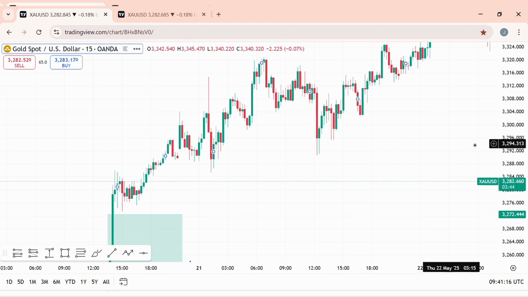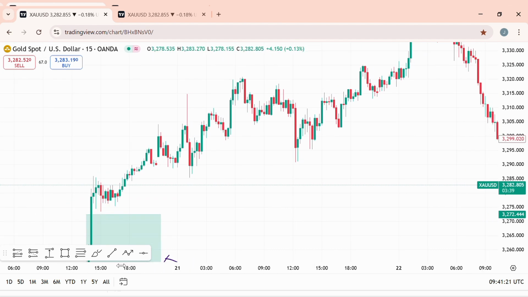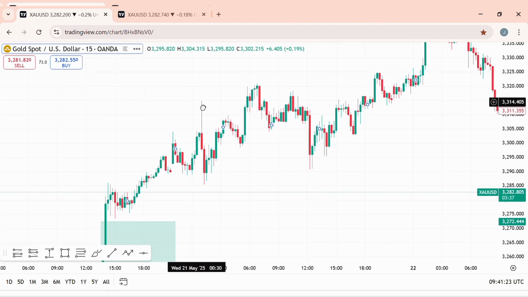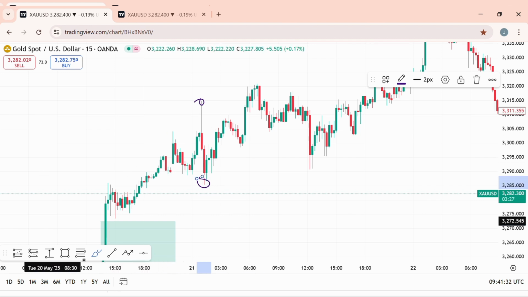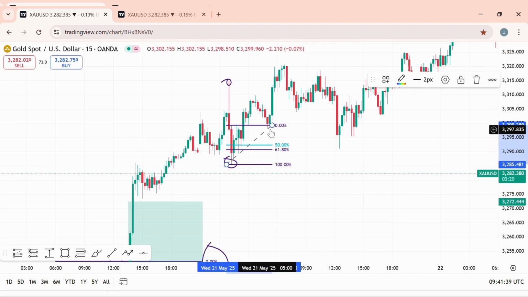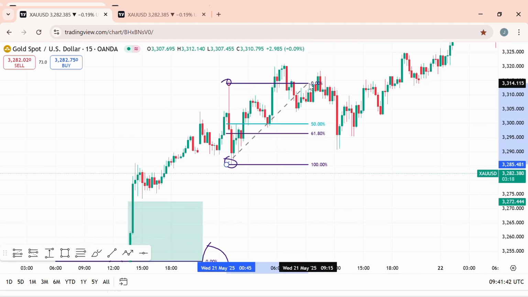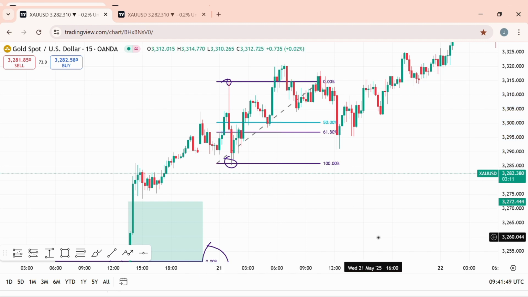Let's look at another example. Here is another example. I told you that Fibonacci is used to catch these retracements, these pullbacks. If you want to catch this move, pick your tool, then hover it over your levels from there to this.